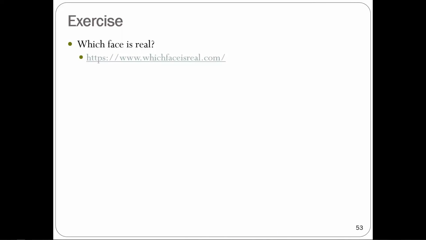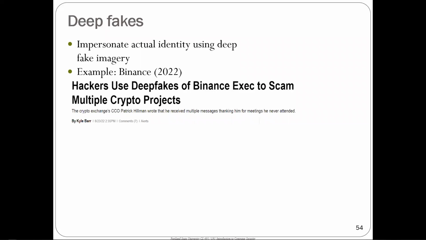So this is really leading us to something more nefarious, which is deepfakes. You can actually impersonate someone using fake imagery. And this happened over the summer, two months ago. This is from Binance, the cryptocurrency exchange.